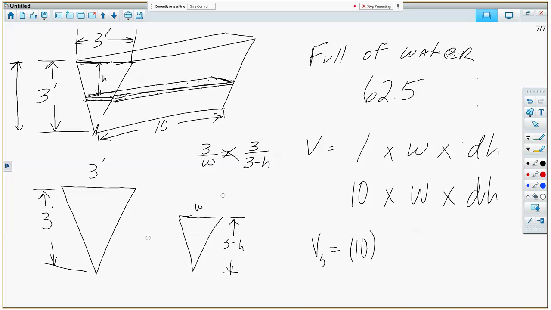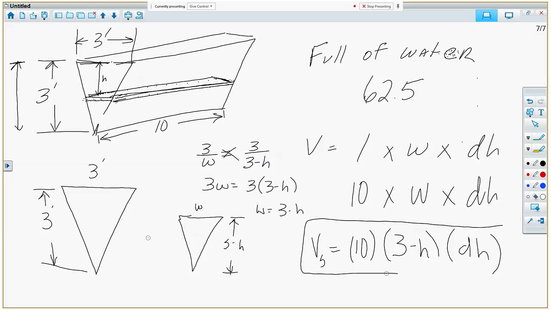Oh well. 3W is equal to 3 times 3 minus h, and W is equal to what? 3 minus h? So 3 minus h dH. Now what do we do with the volume? Multiply it by the what?